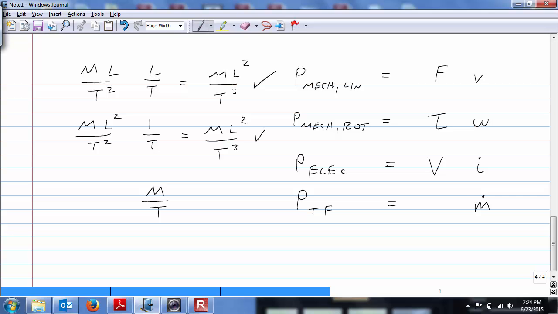That little dot just means rate of change with respect to time. Now, I can see with my units up here, I need something that's going to be length squared over time squared, right? Because if I multiply length squared over time squared by mass divided by time, I will come back to mass times length squared over time cubed.